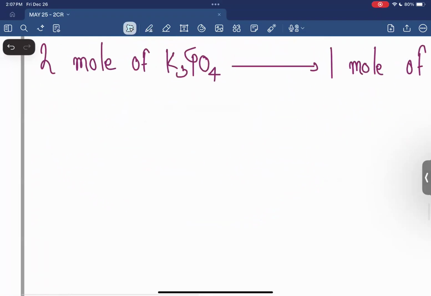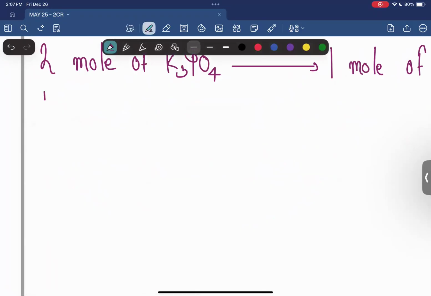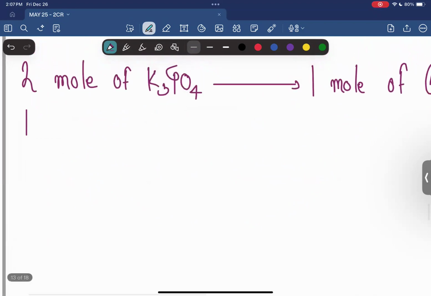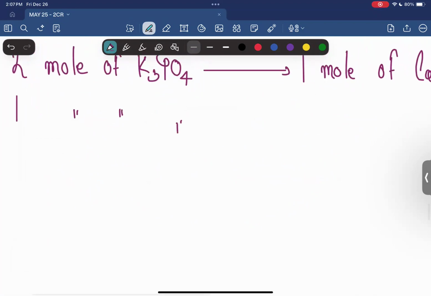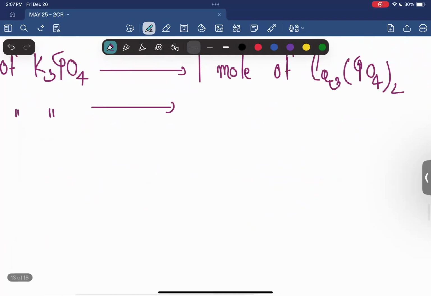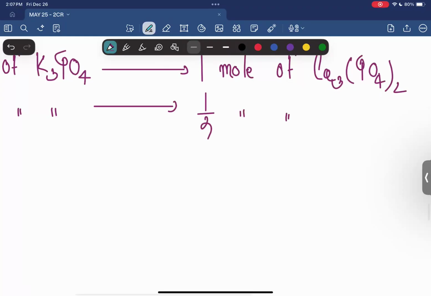So 1 mole of this will basically lead to the formation of 1 by 2 the moles of this, right?